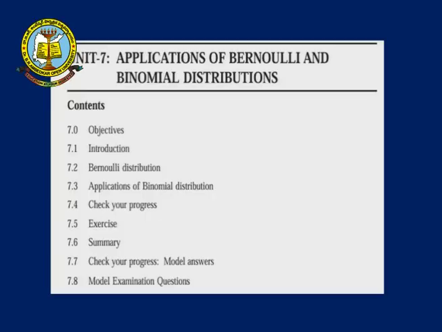So what does binomial distribution mean? If a trial is repeated a number of times, then we call it binomial distribution. Here I want to explain the objectives of the binomial distribution, the introduction and applications of the Bernoulli distribution, and some exercises and problems in your examinations, and how the model paper looks, that also I will explain.